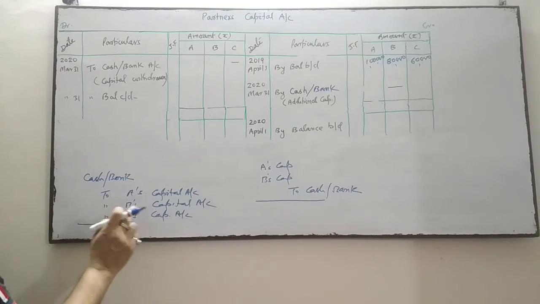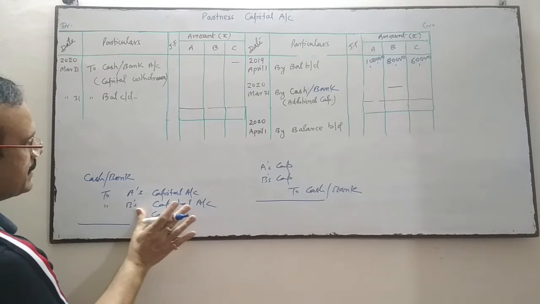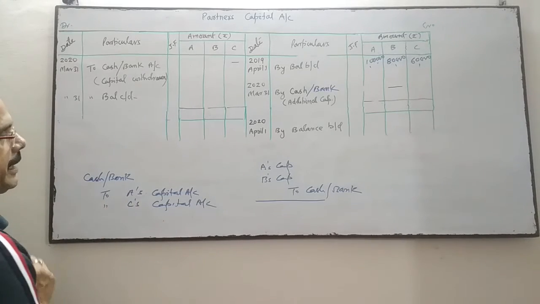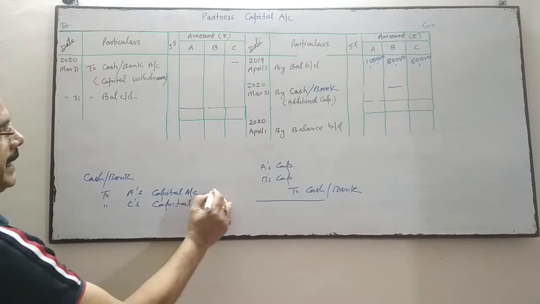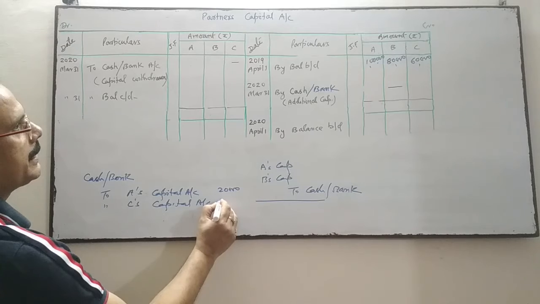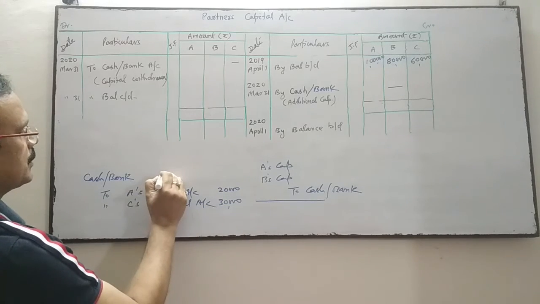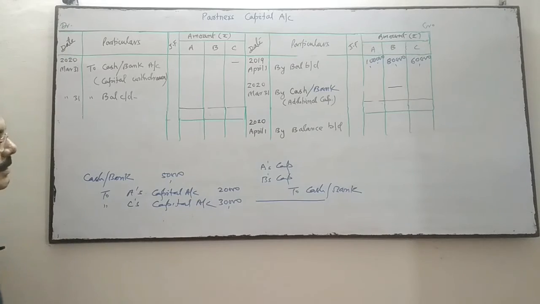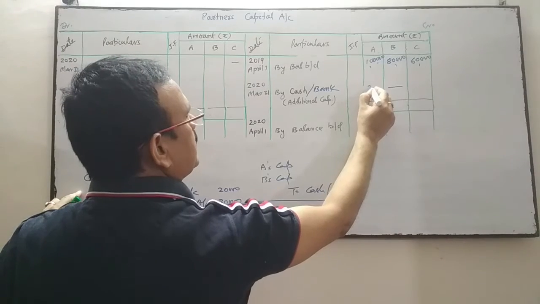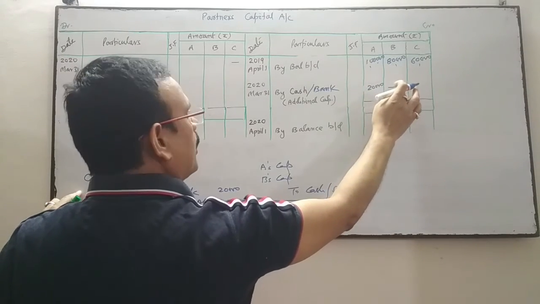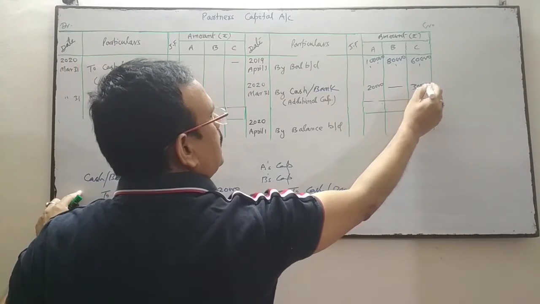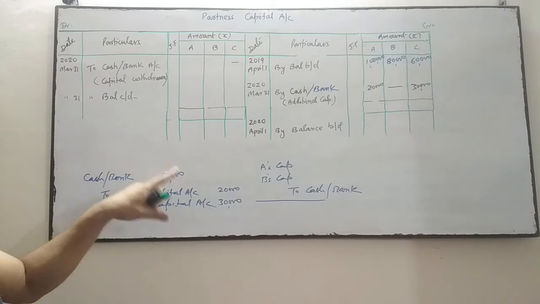And for additional capital, suppose A and C have given additional capital, only A and C. Suppose A has given 20,000 additional capital and C has given 30,000 as additional capital. So this is 50,000. So we'll do the posting this side by cash account. In the column of A, 20,000, and in the column of C, it is 30,000. We'll do the posting by cash account or by bank account.